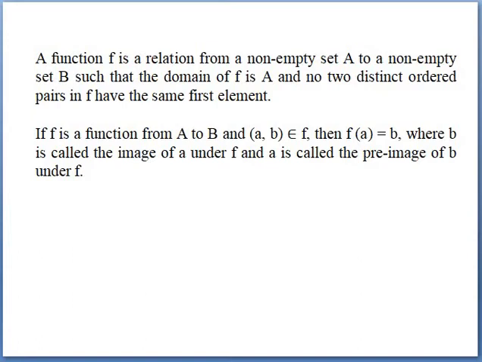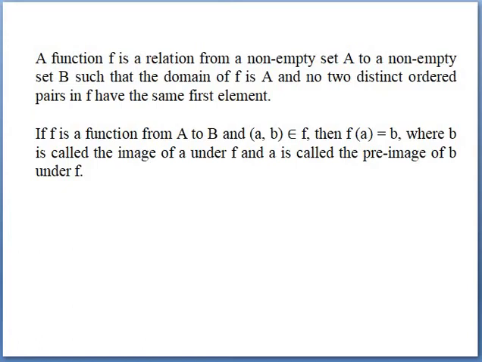If f is a function from A to B and the ordered pair (a, b) belongs to that function f, then we can write f of a is equal to b, where b is called the image of a under f and a is called the pre-image of b.